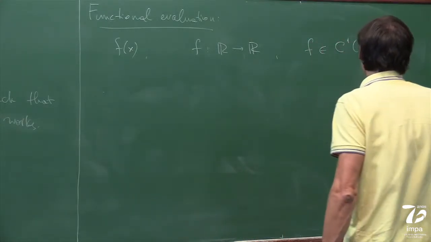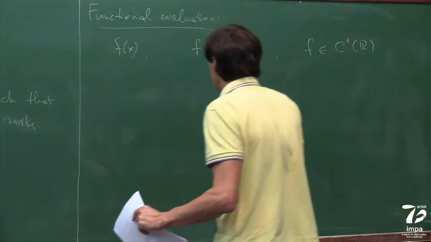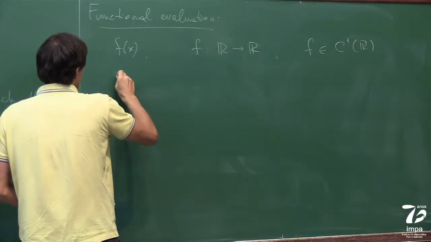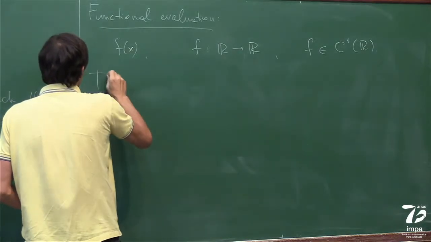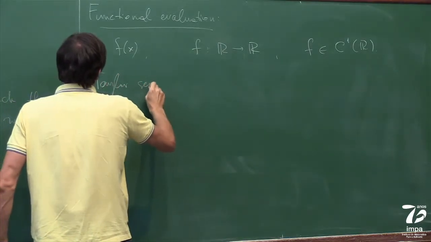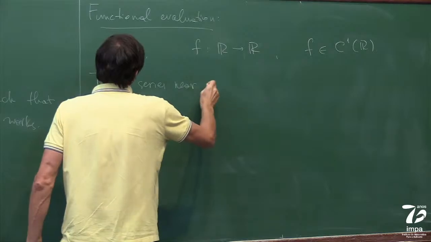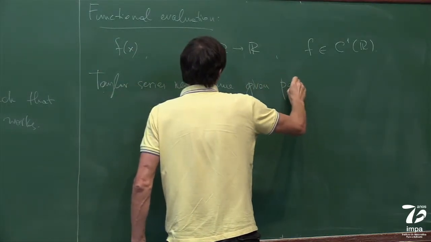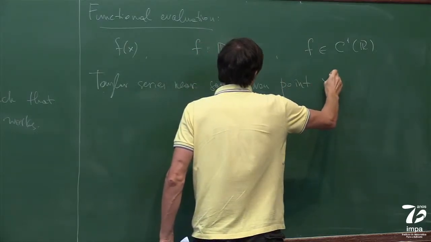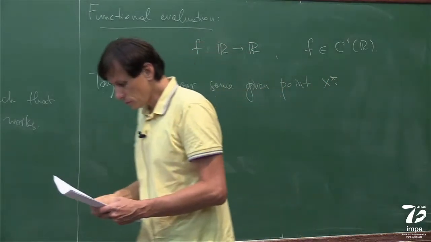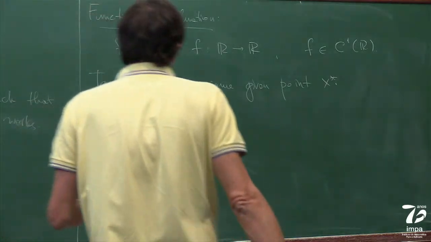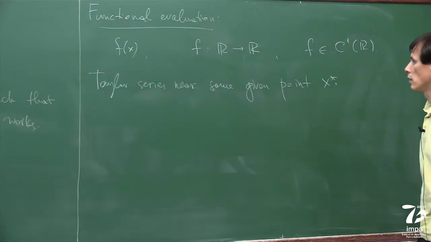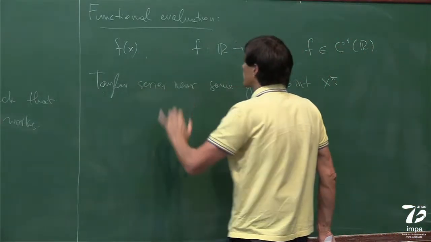So what do we have? We can write the Taylor series near some given point. x star is the point where we want to compute the function, and x is the point where we, in fact, computed the function.